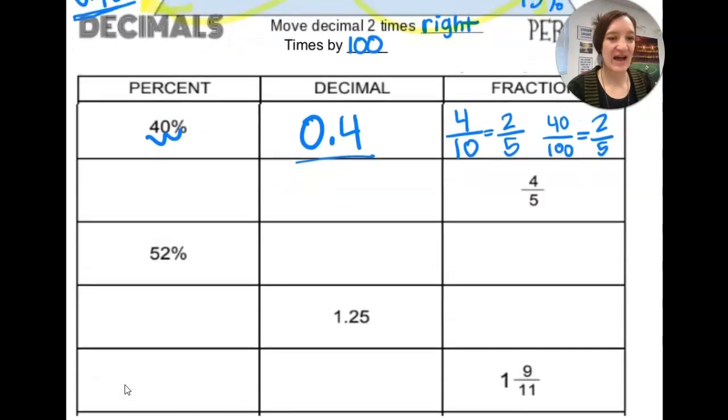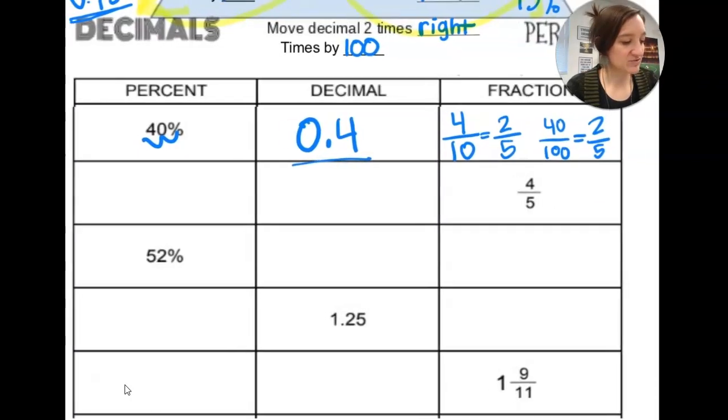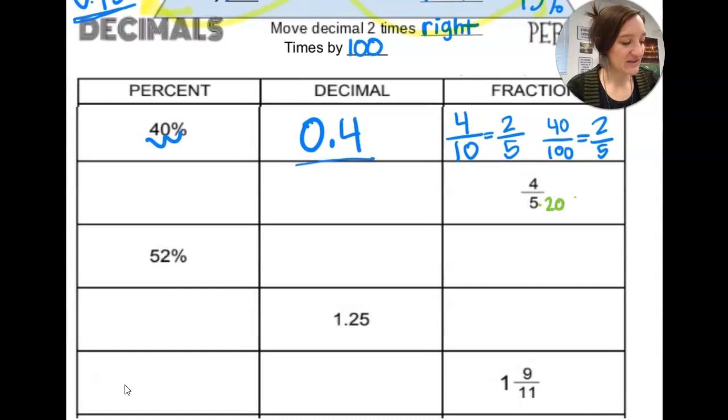On this next one, we have the fraction, and we need to change that down to a decimal and also to a percent. So I notice that 5 will go into 100, won't it? So I can do the biglifying trick. If I times the 5 by 20, then that will give me a biglify fraction of 100.